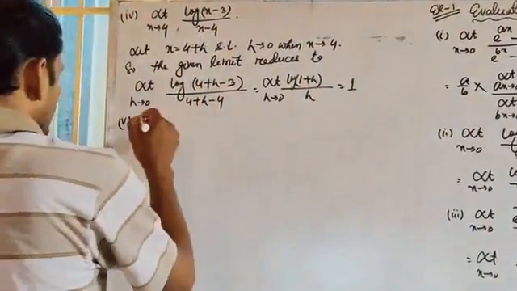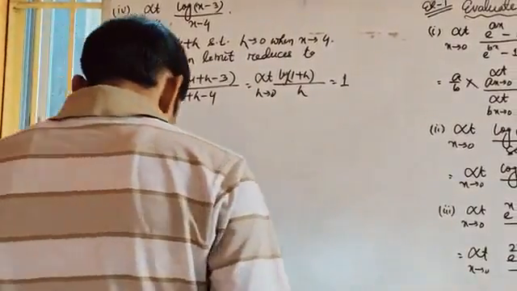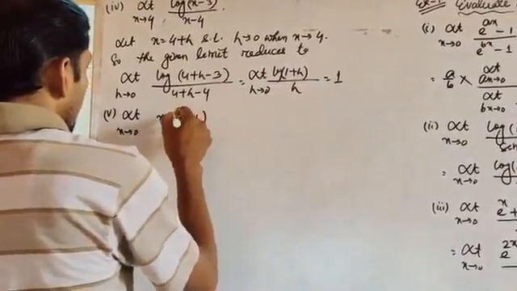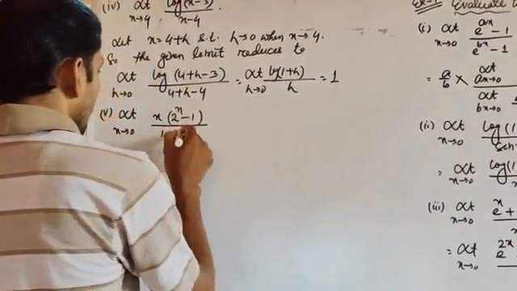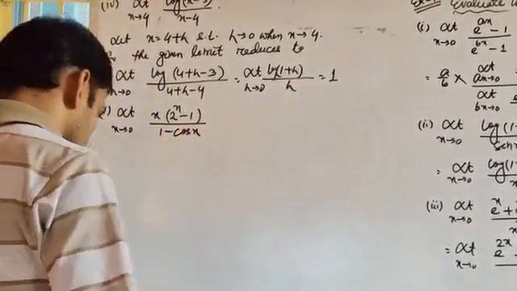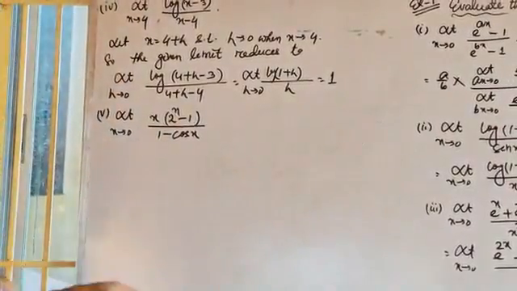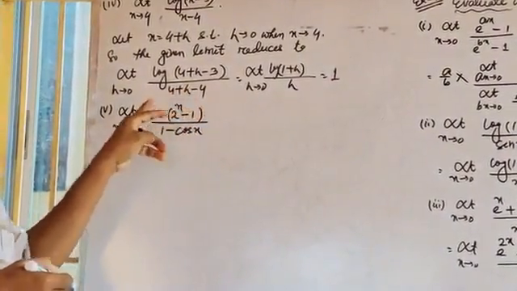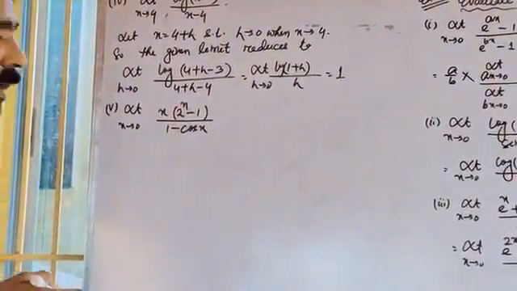Here, then next is limit x tends to 0, x into (2 to the power x minus 1), whole divided by 1 minus cos x. Okay, here you see our exponential function is there, which is in the form of a to the power x minus 1, and the denominator is trigonometric.